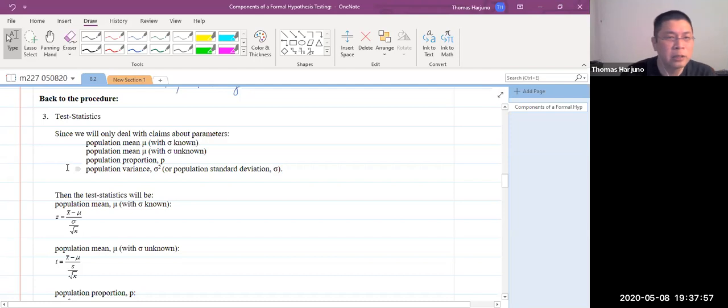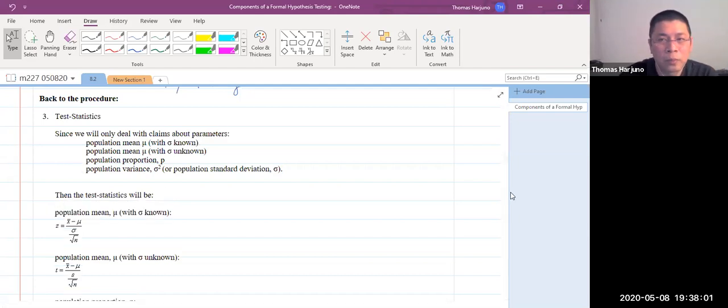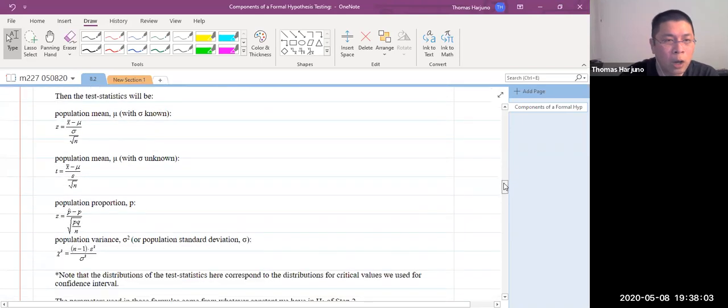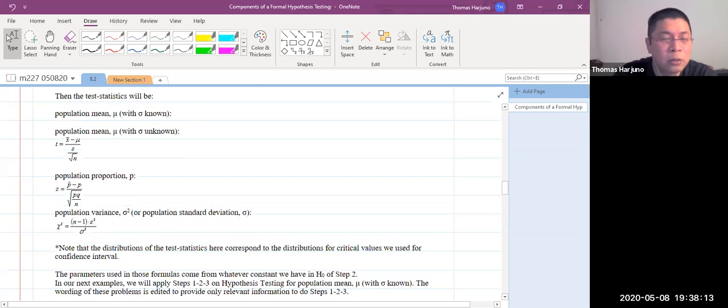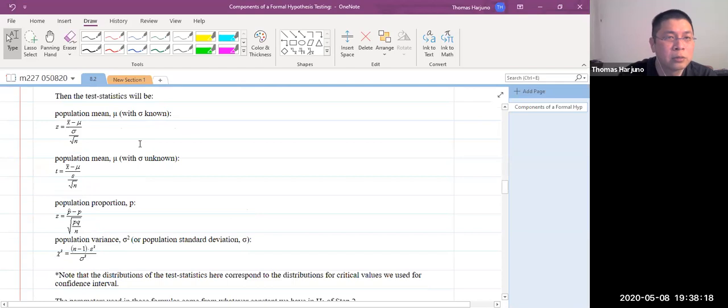For that reason, the test statistic we deal with will be one of these 4 formulas.